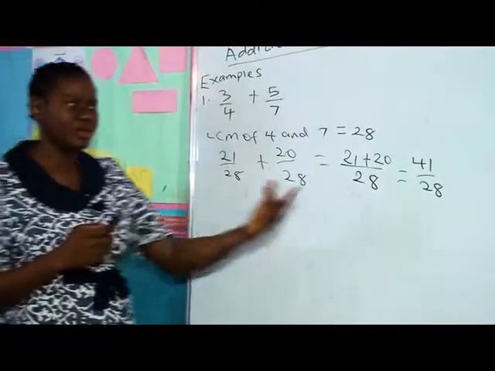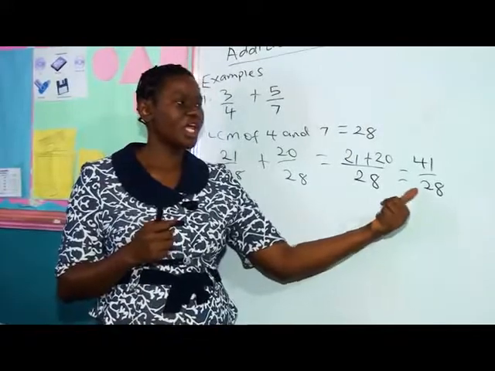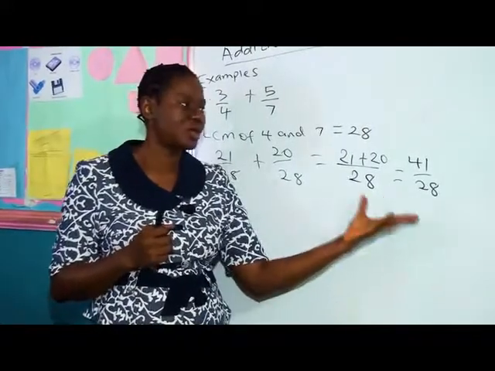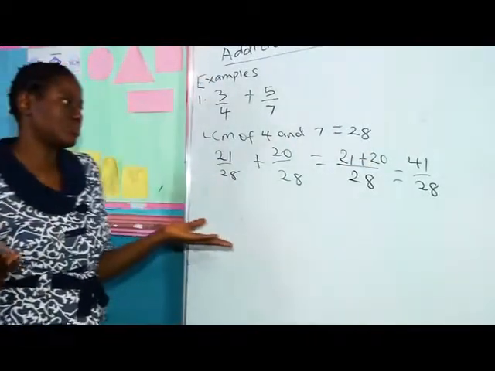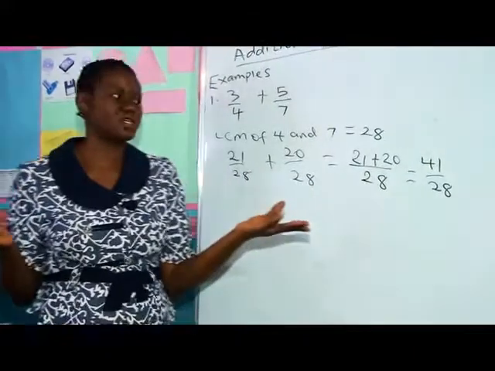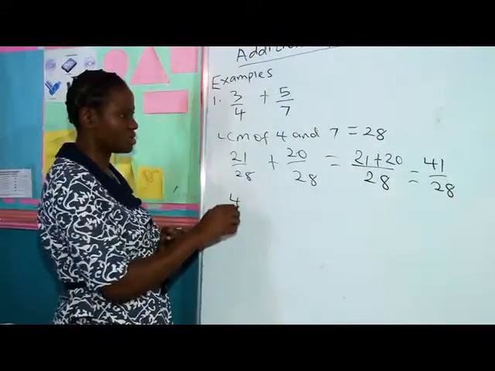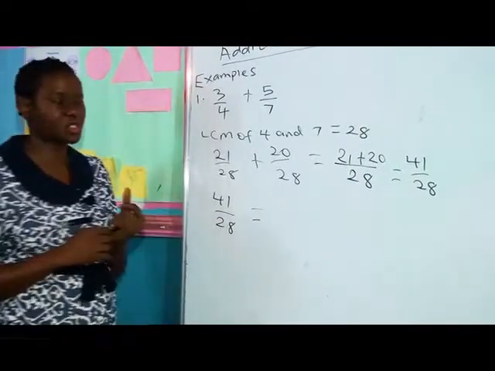41 over 28. Can you recall what type of fraction this is? An improper fraction. The denominator is lower than the numerator. So we need to change this to a mixed fraction.